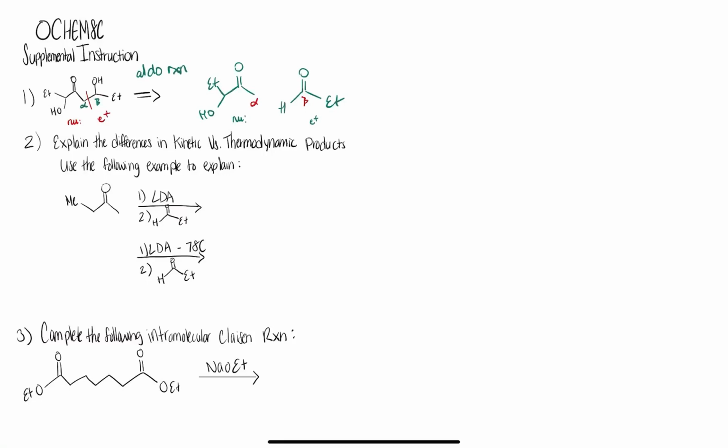The second question is kinetic and thermodynamic product. So we know kinetic is where the reaction occurs at the less substituted position, and therefore it will occur faster, but it's not as stable as the thermodynamic product.